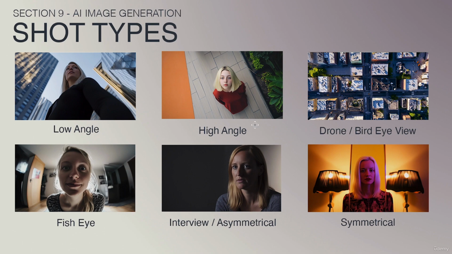Some other ones you might want, like an establishing shot, or if you're opening a scene, you might want a drone, or perhaps you might call it a bird's eye view, almost straight down or sometimes at a bit of an angle over the city. And these are really nice with movement going over the top. And then some other ones you might want to know. Fisheye, perhaps someone's looking through or about to look right up into camera.